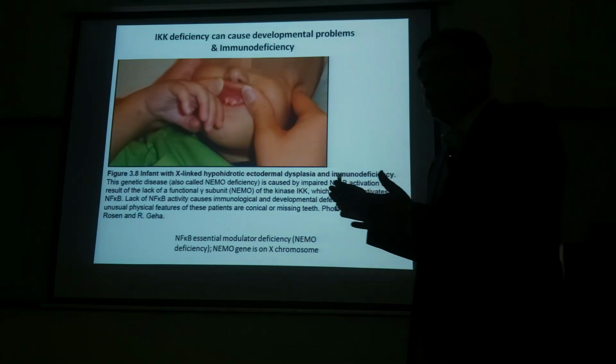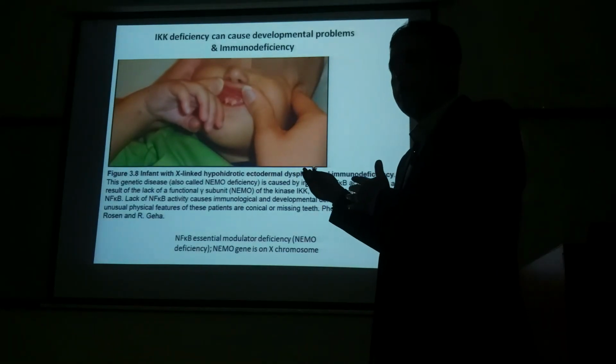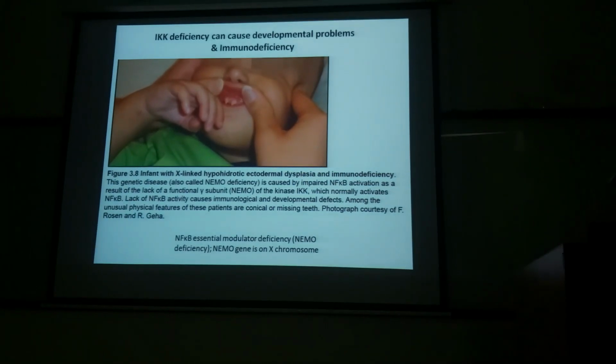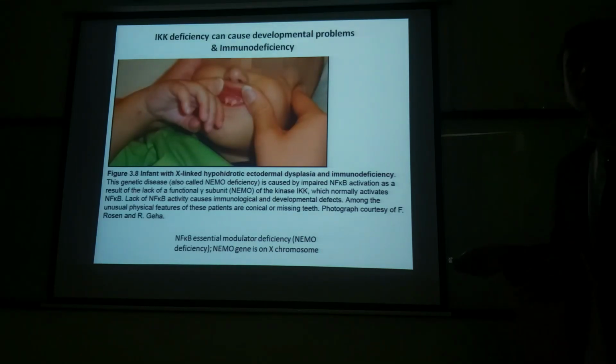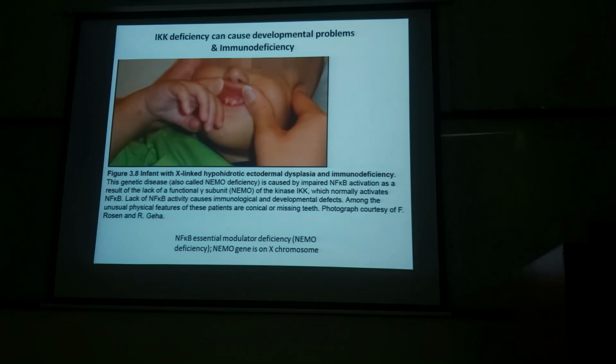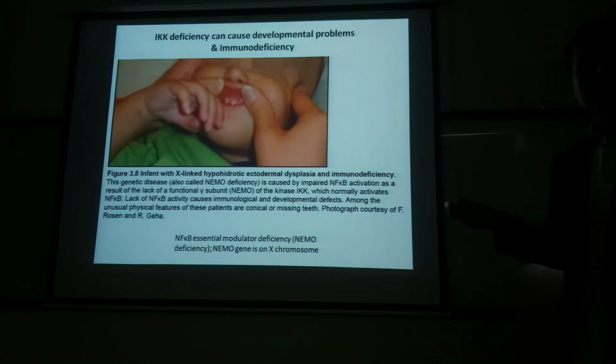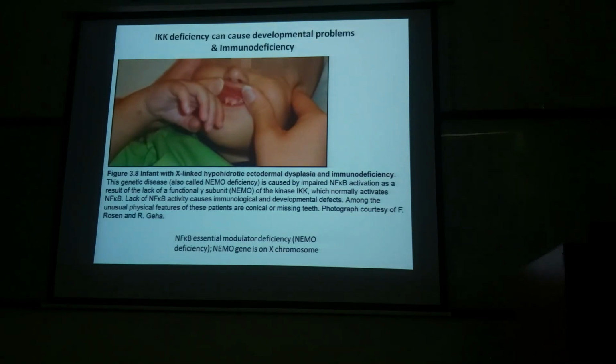So if the condition has to develop in females, then both copies of this particular gene should be defective. In males, if there is no other X, one defective copy is enough to develop this condition. So this is not a condition that only affects the teeth. Your skin and other tissues can also be affected as a result of this condition.